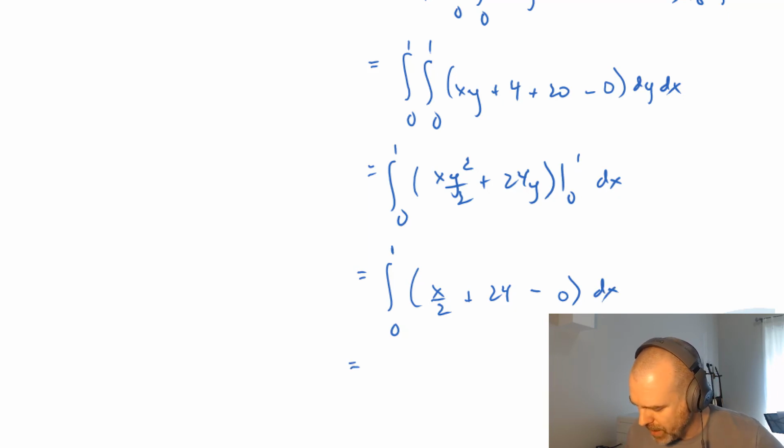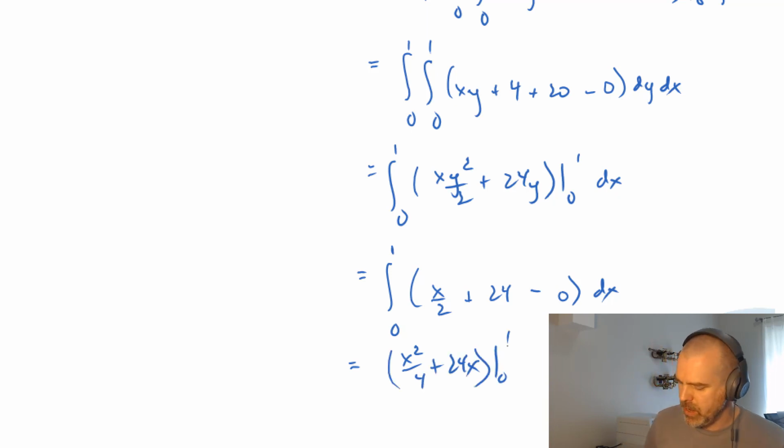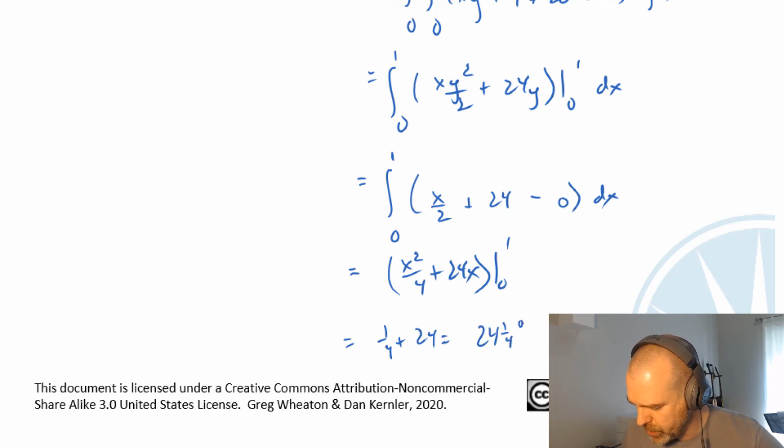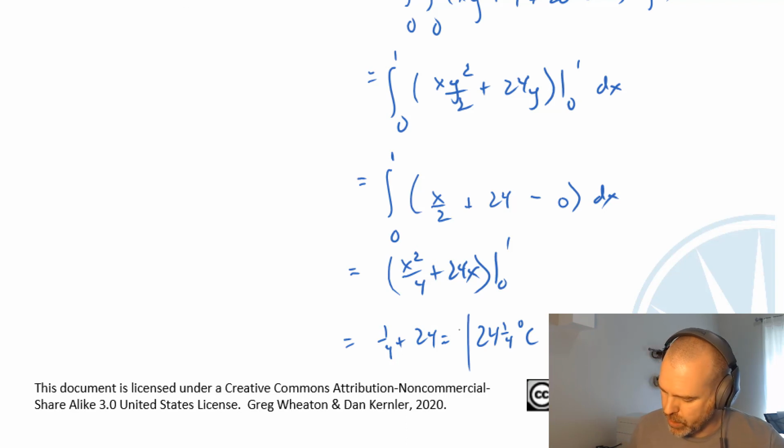Then integrating with respect to x, we'd have x squared over 4 plus 24x from 0 to 1. And so finally, 1/4 plus 24. That's 24 and a quarter degrees Celsius on average.